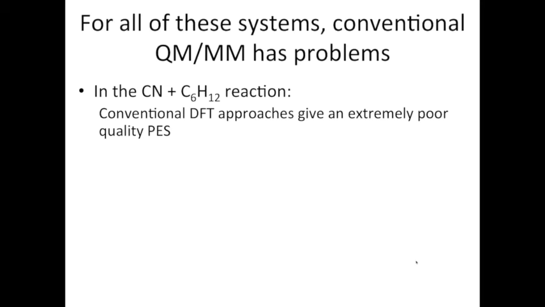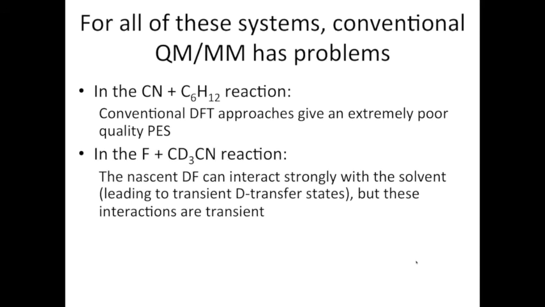And that's because of a lot of multi-reference character in the CN radical. In the fluorine plus acetonitrile reaction, the nascent DF can interact very strongly with the solvent, okay? And it actually turns out that in some of the trajectories, we saw a transient deuterium transfer state where that very hot DF could transiently transfer its deuterium to the nascent solvent molecules.